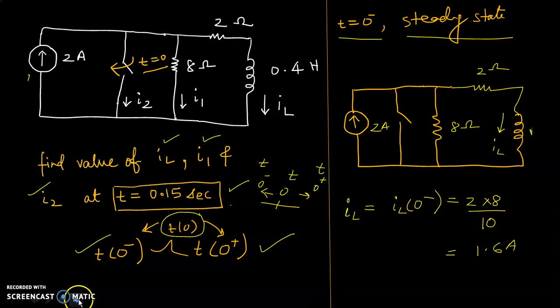Now let us go for t greater than or equal to 0. The circuit can be viewed like this.